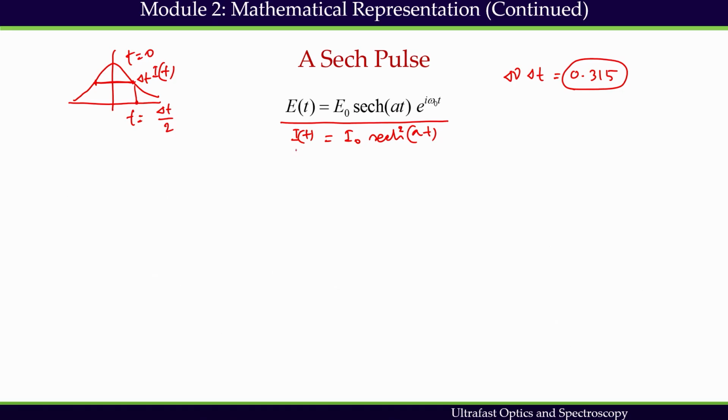So from the definition of full width half max of the intensity profile, I max equals I naught divided by 2, which is the maximum intensity divided by 2, which is nothing but I at t equals delta t by 2. If I plug that in, I get I naught sec hyperbolic square of a delta t by 2.